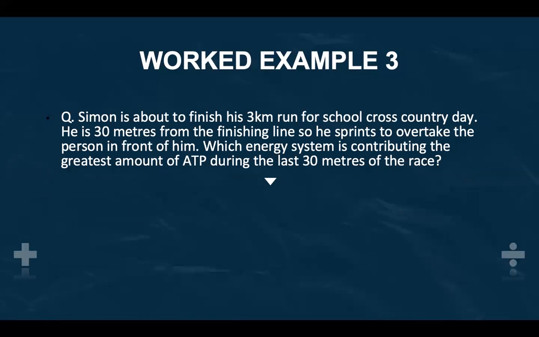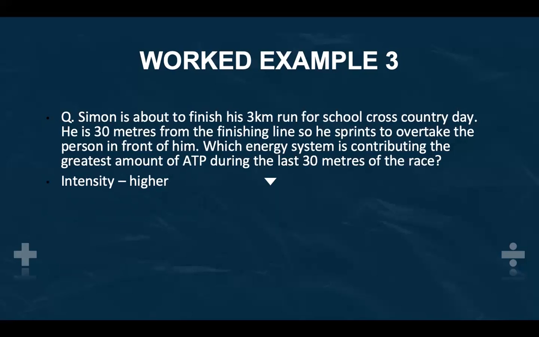So question: Simon is about to finish his 3-kilometer run for the school cross-country day. He's 30 meters from the finishing line, so he sprints to overtake the person in front of him. Which energy system is contributing the greatest amount of ATP during the last 30 meters of the race? This one's a little bit more difficult.